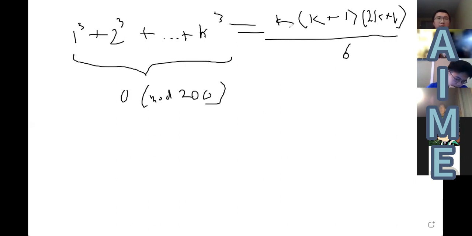So I started with saying that if this was divisible by 200, then the numerator had to be divisible by 1200. And 1200 factors to 2 to the 4 times 3 times 5 squared, I think.